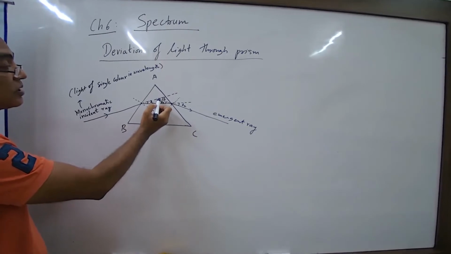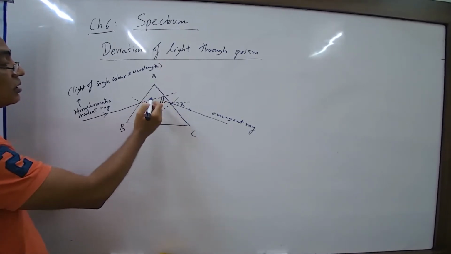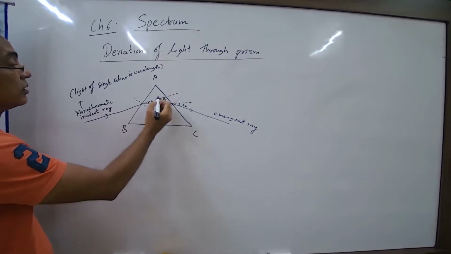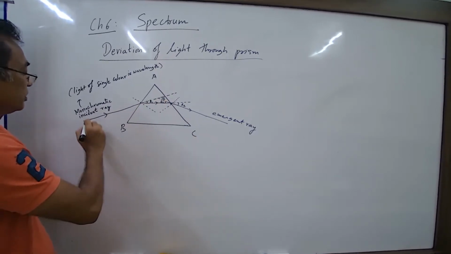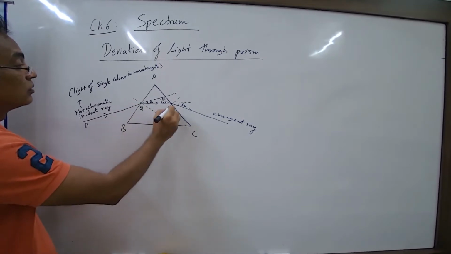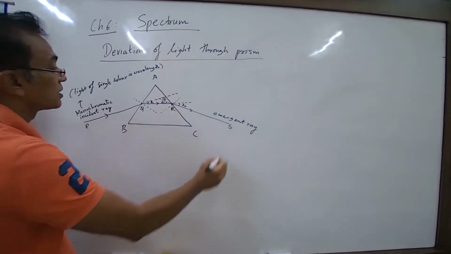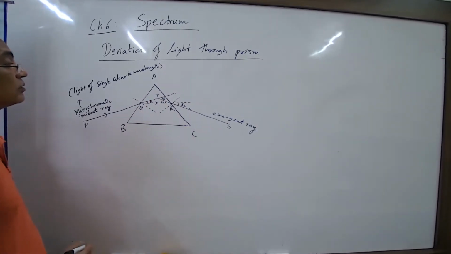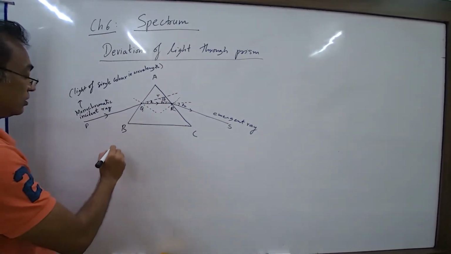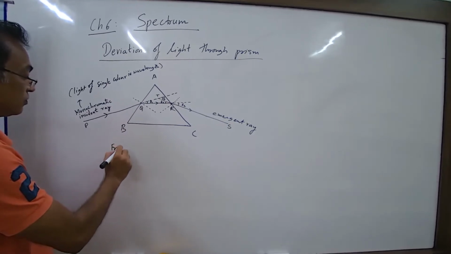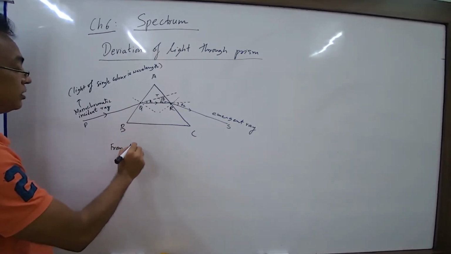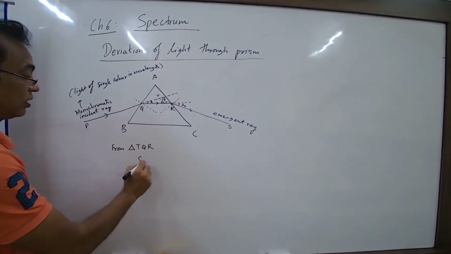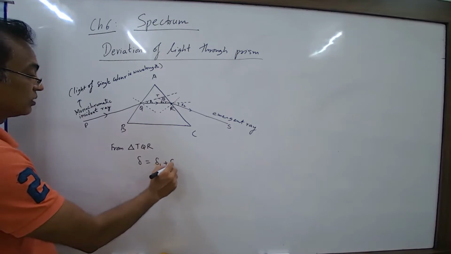And if you consider this triangle, so this is P, Q, R, S. Let's call this as T. So from triangle TQR, delta is equal to delta 1 plus delta 2.